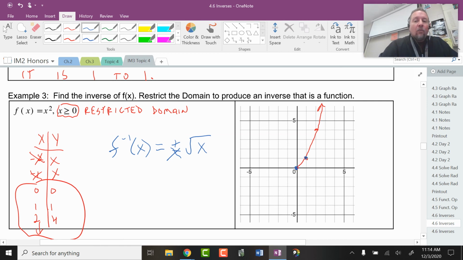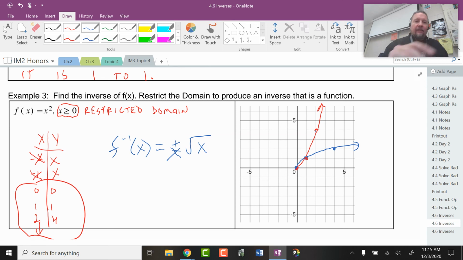Square root of 1 is 1. Square root of 4 is 2. So notice 4, 2 in the first function becomes 2, 4 in the inverse. And now you have an inverse that is a function, because you restricted the domain in the original, so the inverse is a function instead of not being one.